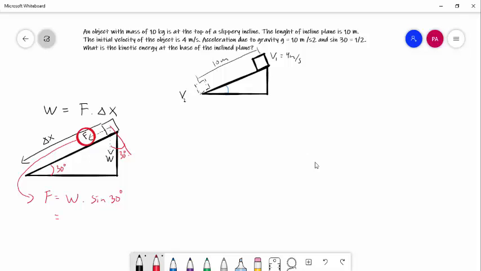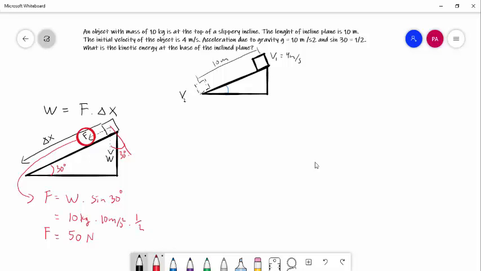So what is the weight? The mass of the object is 10 kilograms. So 10 kilograms times gravity 10 meters per second squared times 1/2 equals 50 Newton.